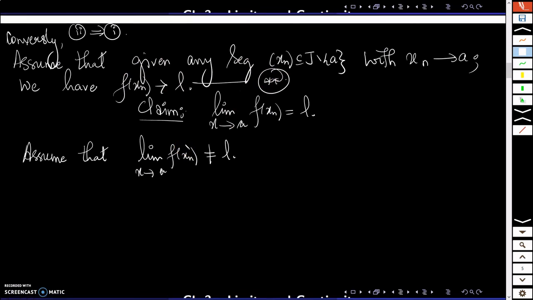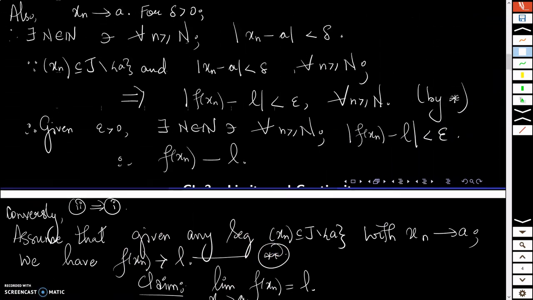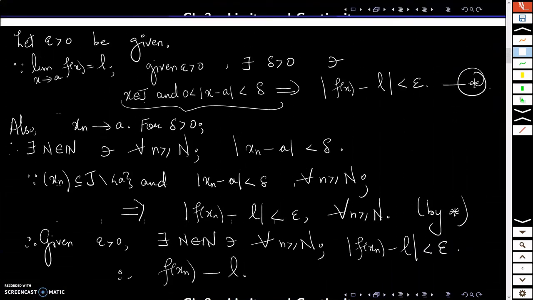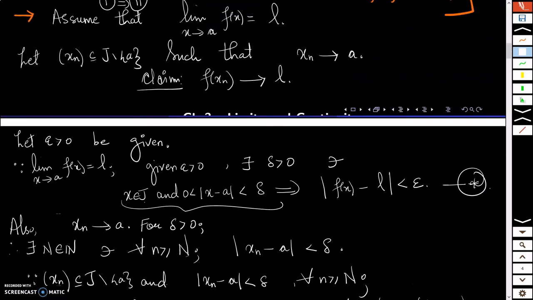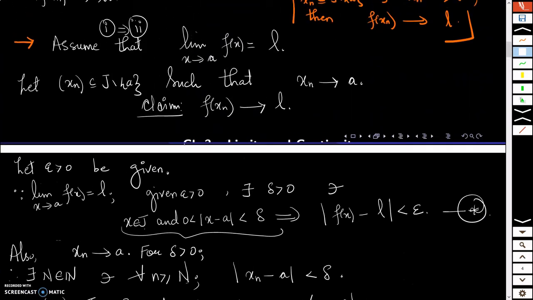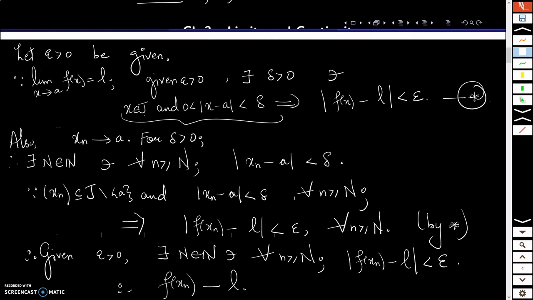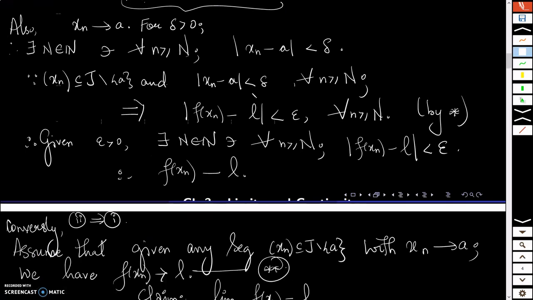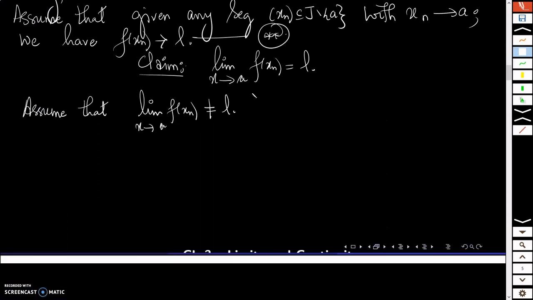Now, when do you say that limit of a function is not equal to L? If I go back here, what do you mean by limit of f of x is L as x tends to A? Given epsilon positive, I can find a delta greater than 0 such that this happens, right? So I have to negate this statement now, and what is the negation of that? I will state here.